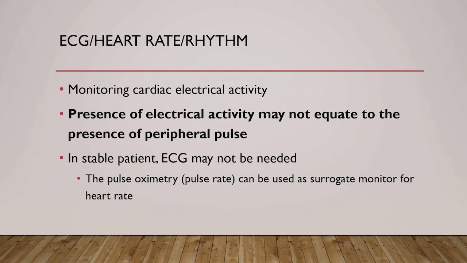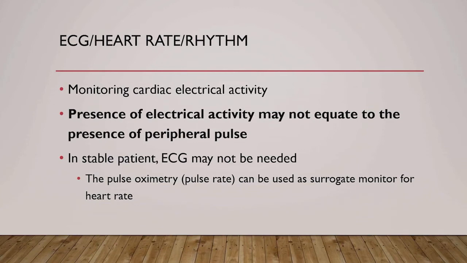The next device we need to have is ECG monitoring. So it monitors cardiac electrical activity. It is important to note that the presence of electrical activity may not equal the presence of a peripheral pulse. If you have attended PALS, you should know that there's a condition called PEA, pulseless electrical activity.